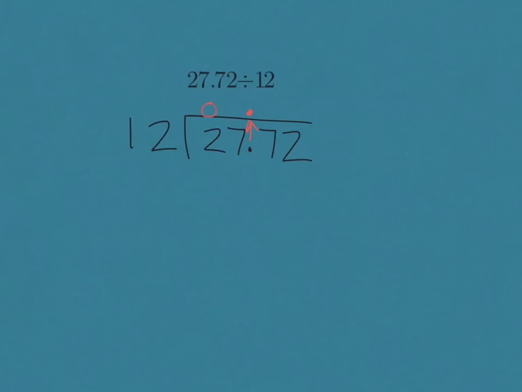12 cannot go into 2, or it goes into 2 0 times, but 12 goes into 27 2 times, so I can subtract that 24. That would give me a 3. I'm going to bring down the 7. 12 goes into 37 3 times, because I know that would make 36. I got a 1.